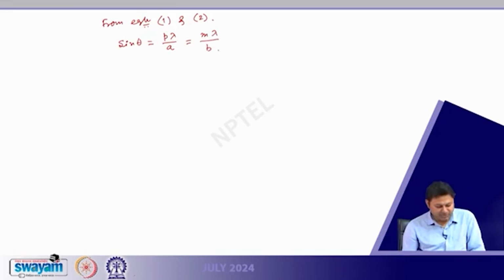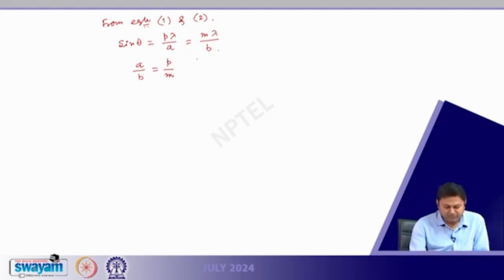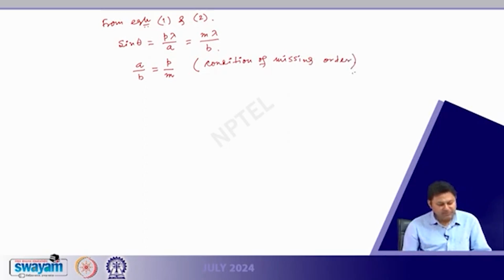Again we have a relationship between a and b, so that means a by b is p by m, the ratio of two integers. So that is the condition of missing order, like we have for the double slit, exactly the same thing.